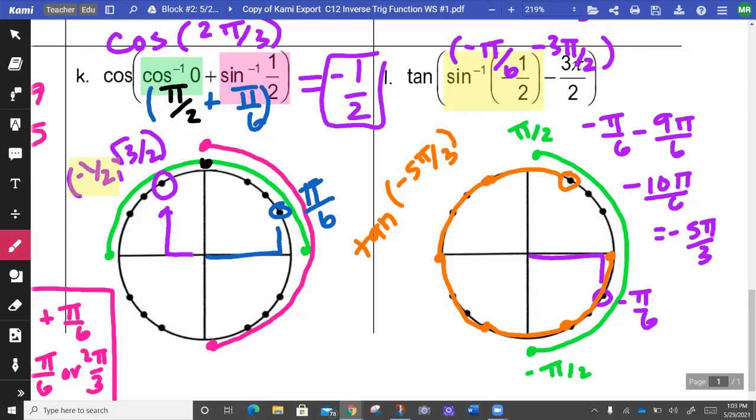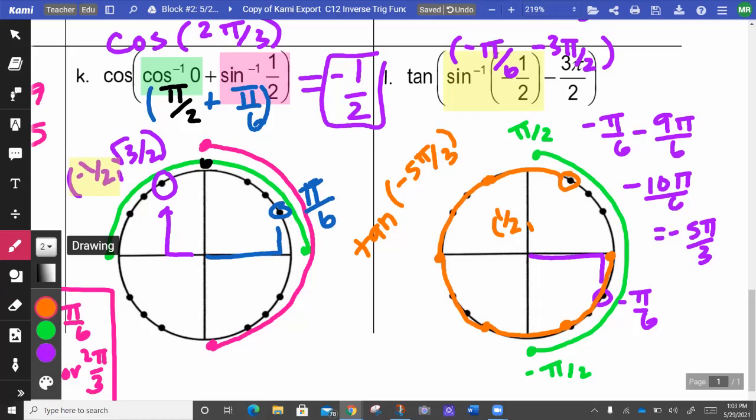Here, that's -5 pi thirds. And that point, let me just write it here. That is short long. So that's 1/2 comma √3/2. So I am going to have my √3/2 over 1/2, which is going to be √3, and that's my answer.